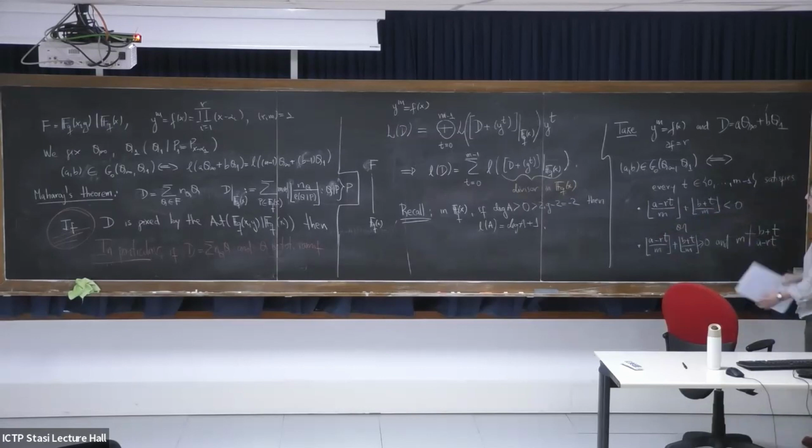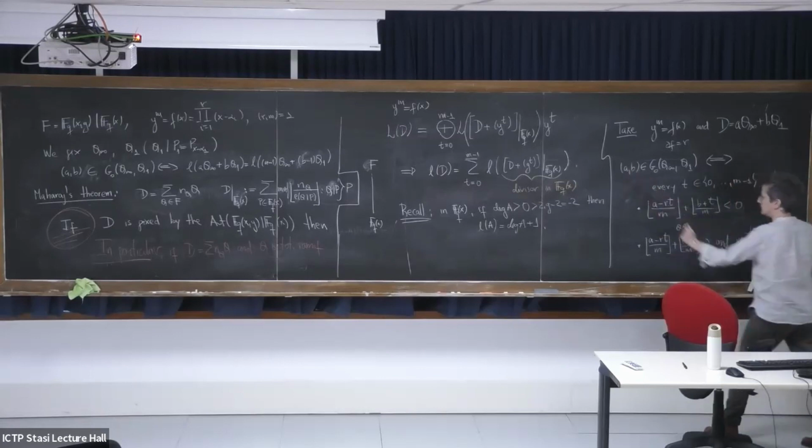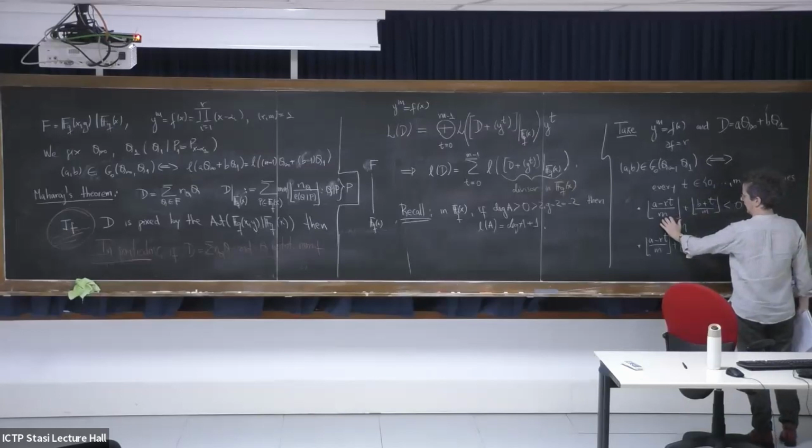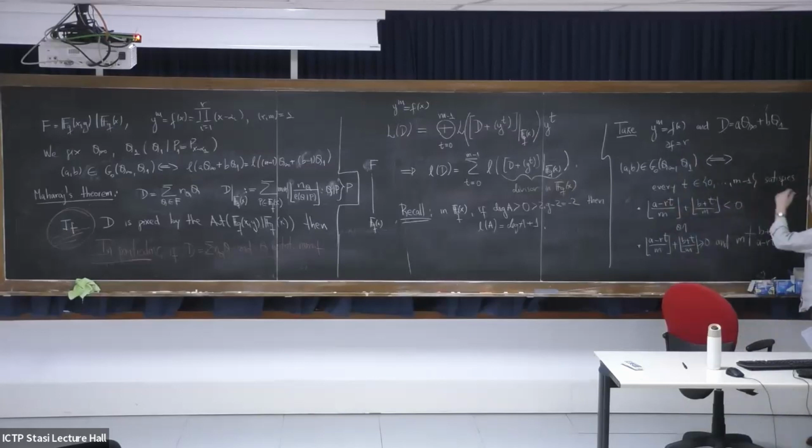Okay, so I give you a number, A, B. M and I are given by your function field extension, so you have to do these computations.